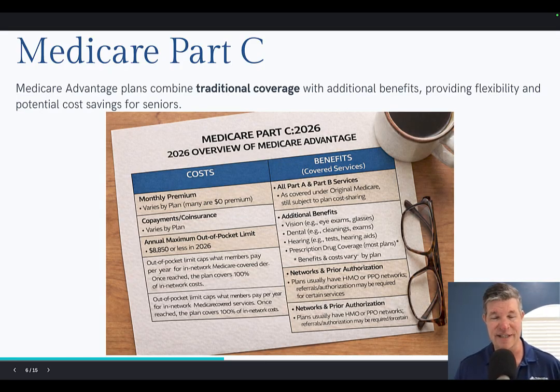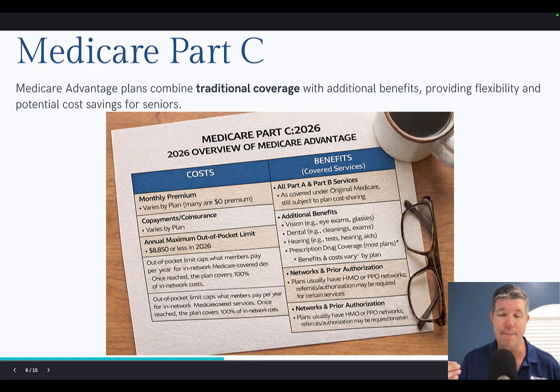But what happens is Medicare sends that money over to a private insurance company that you choose, and they combine your coverage and administer your health care for you. Now you play by their rules. Remember, these are the HMOs and the PPOs for the most part. There's also some called special needs plans, Medicare savings plans, and private fee-for-service plans. We'll cover those in another video, but they're all lumped in under Medicare Part C, okay?